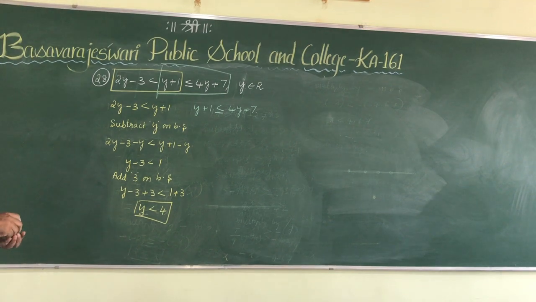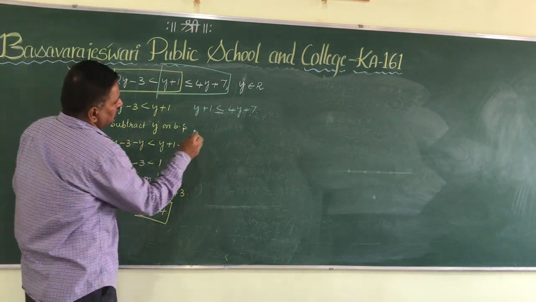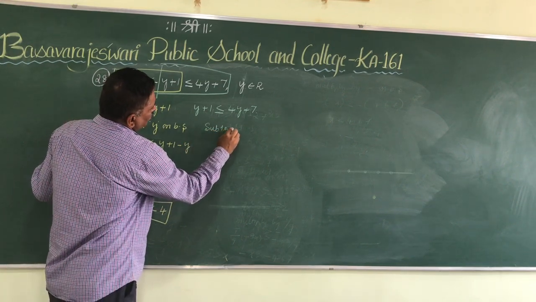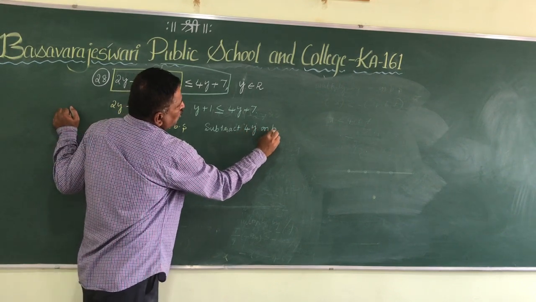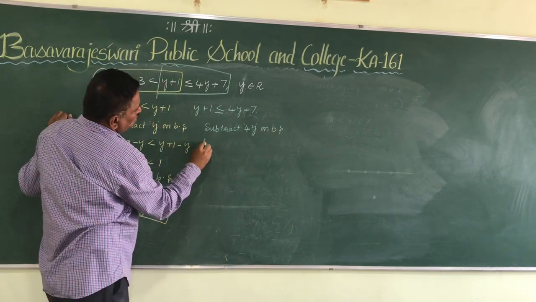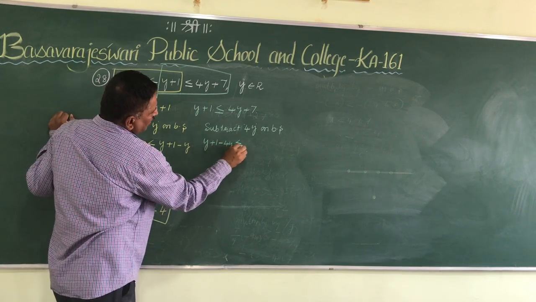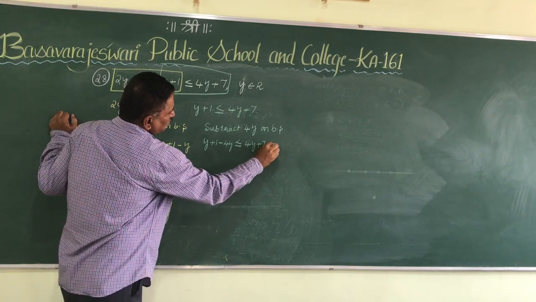Next, the other part. Write the variable on one side, constant on the other side. So what can I do? Subtract 4y on both sides. So y plus 1 minus 4y is less than or equal to 4y plus 7 minus 4y.